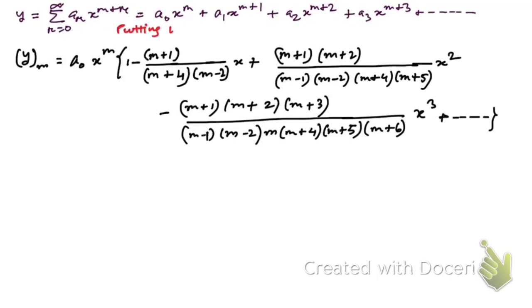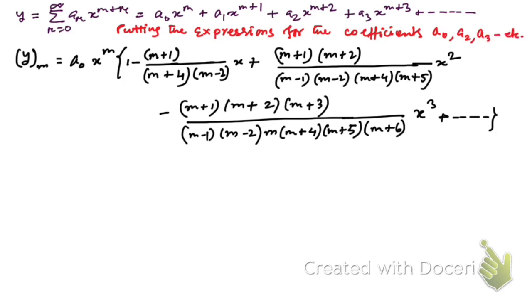Now here you see, putting the expressions of the coefficients a1, a2, a3 and so on that we obtained in the previous slide, we're going to have this result. Here I am writing m, since we have got m's here, right?